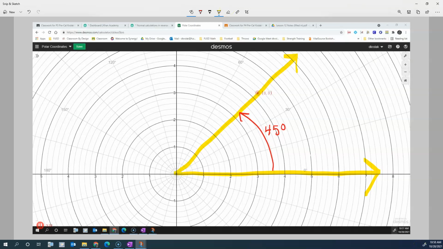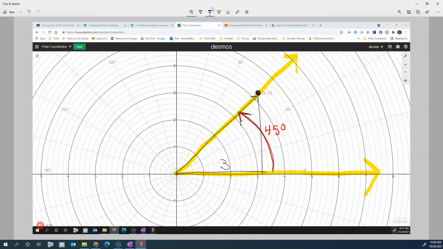Now I want to locate this point right here. To get to that point, rotate 45 degrees and then mark off whatever this distance is. That distance would be the hypotenuse of this triangle right here.